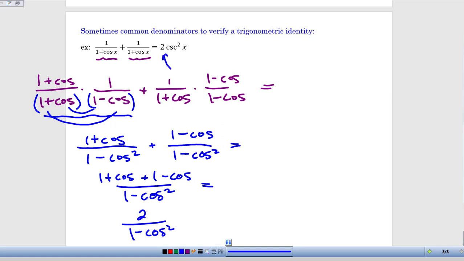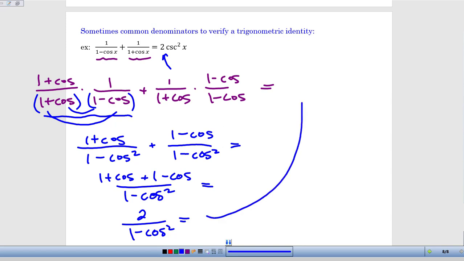Again, we can always refer back to what it is that we're trying to turn our expression into. We've got the 2, so somehow we need to end up with a cosecant squared. How am I going to get a 1 minus cosine squared on the bottom to turn into a cosecant squared up in the top? Well, recall that cosecant squared is the reciprocal of sine squared. So I need to somehow turn that 1 minus cosine squared into a sine squared.